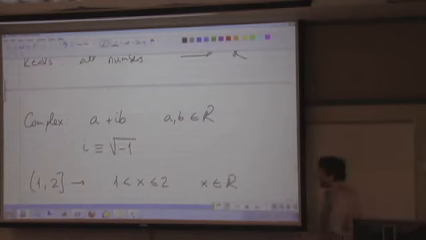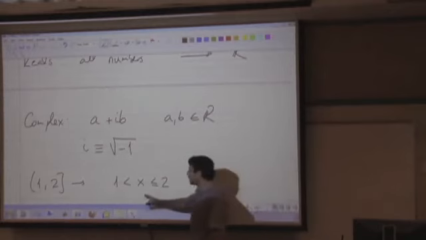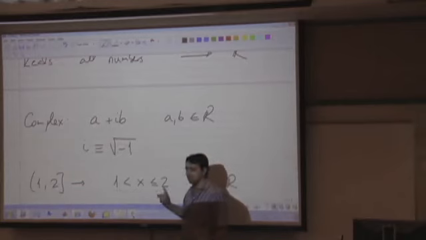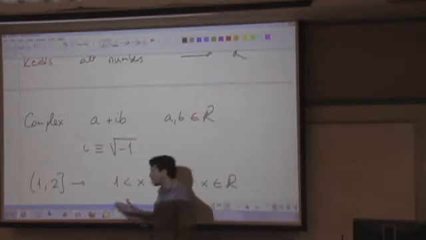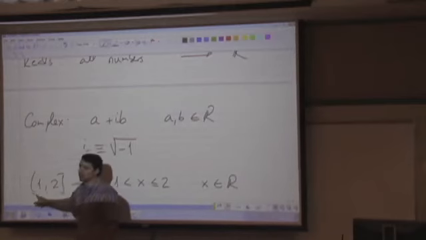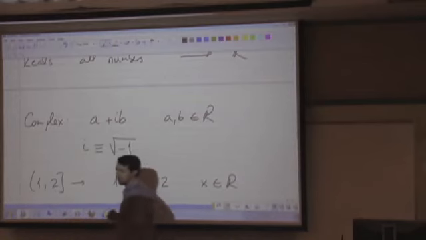Basically, I have to look at every single number that's strictly bigger than 1 but less than or equal to 2, and it can be any real number between 1 and 2. The one thing we should stress is that a regular parenthesis means that the number 1 is not part of the interval. The bracket means that 2 is in fact part of the interval.